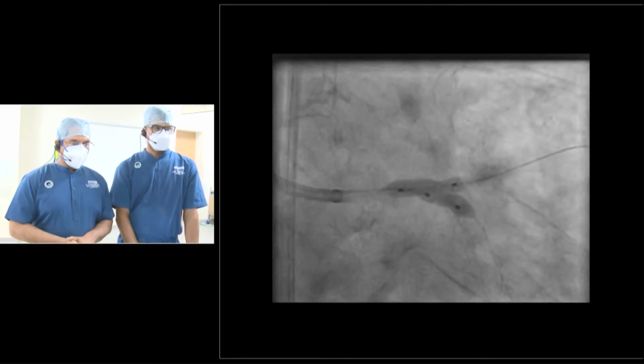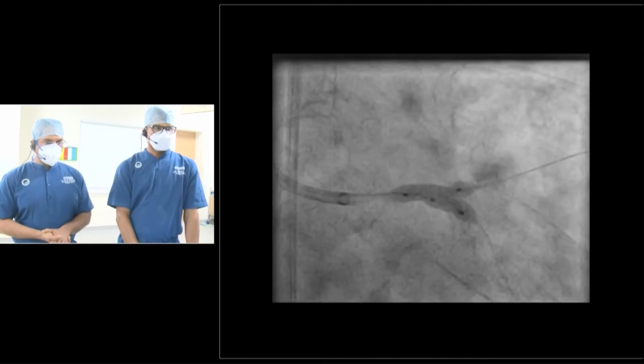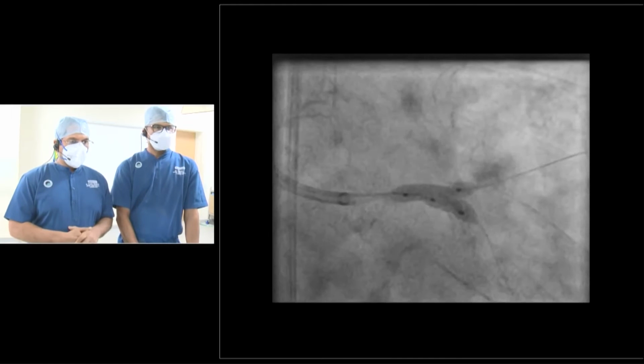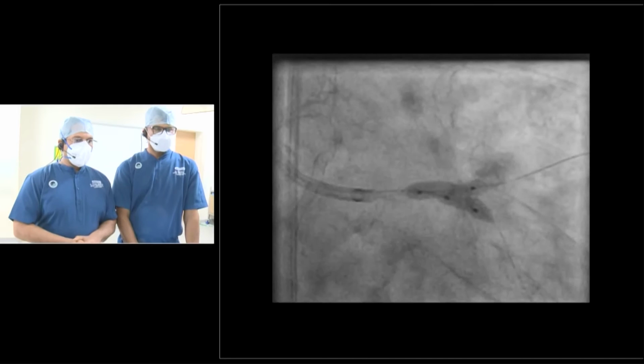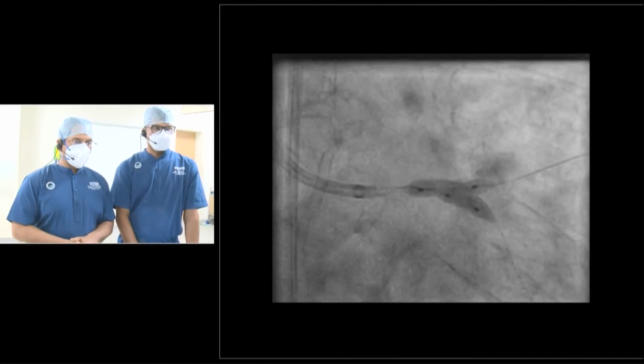After that, we did the first kiss, that is the 3.5 into 8 millimeter balloon in the circumflex and 3.5 into 12 in the left main to LAD. So this was the first kiss we have done.